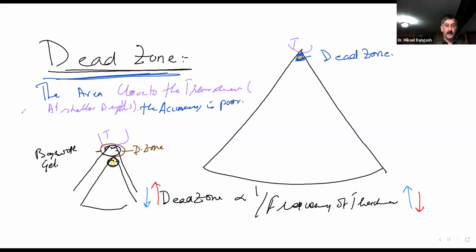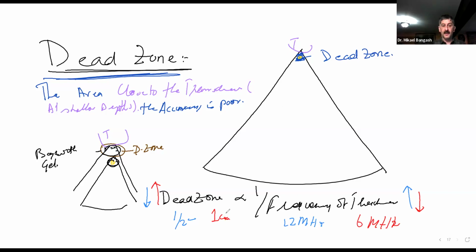Now, don't come back and say, Mike, you said that a 12 megahertz frequency transducer had a dead zone of half of a centimeter, and a 6 megahertz frequency transducer had a dead zone of 1 centimeter.